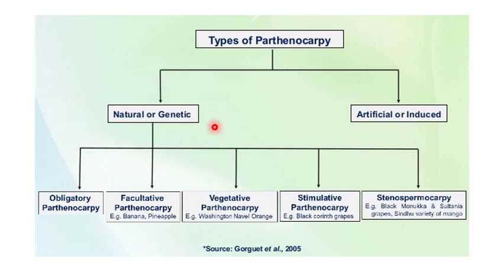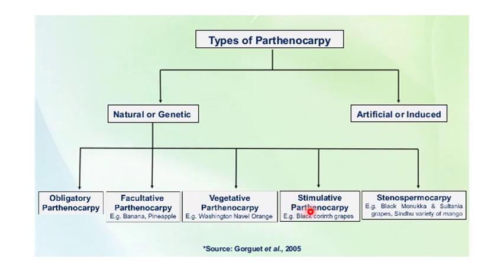Genetic parthenocarpy in some plants acts as vegetative parthenocarpy. In these plants, no pollination or other stimulation is required to produce parthenocarpic fruit, so they have vegetative parthenocarpy.